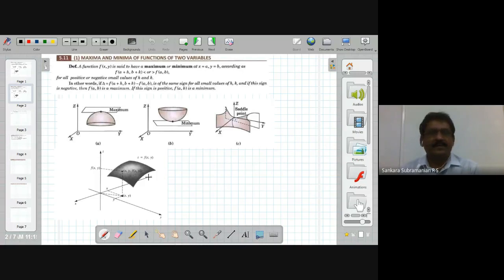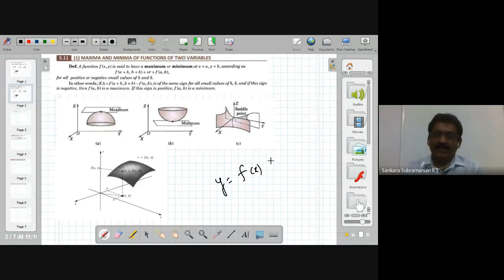So today we are going to discuss the important and interesting chapter, maxima and minima of functions of two variables. In the first unit, we talked about maxima and minima for a function with one variable, which we call a curve, y equal to f of x, and we analyzed it based on the first derivative test and second derivative test.